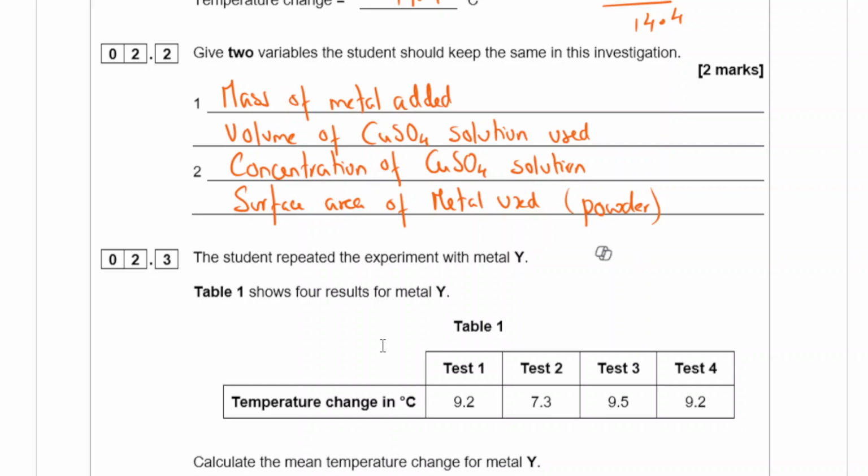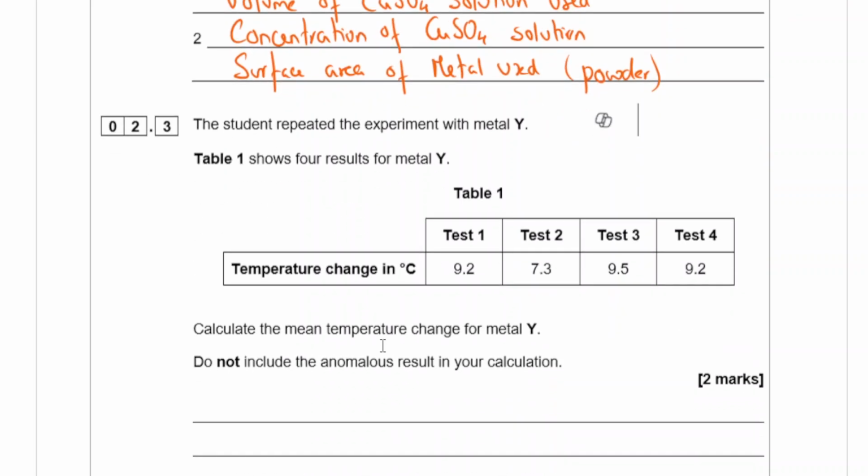The student repeated the experiment with metal Y. Table 1 shows 4 results for metal Y. Change in temperatures 9.2, 7.3, 9.5 and 9.2. Just by looking at this, test 2, the temperature change is quite different, at least 2 degrees Celsius different from the other test, which looks like an anomaly.